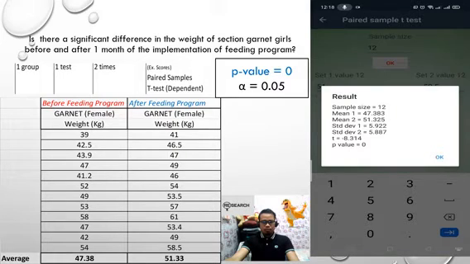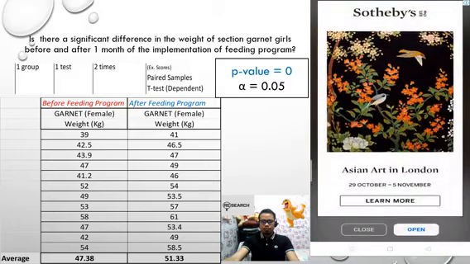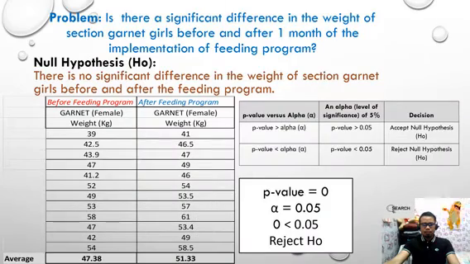Take note that the p-value is 0. Again, though we observe that there's a difference, to say whether that is significant or not must be computed. Since the p-value is 0 at the alpha of 0.05, let us go back to the table.